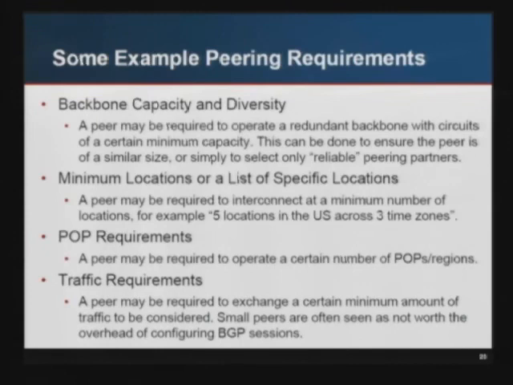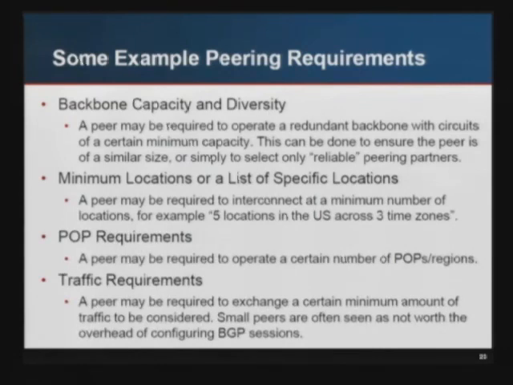They don't have enough capacity to deliver the traffic. They don't have redundancy. They can't survive a fiber cut. They can't survive a power outage. At a certain point, it doesn't make sense, and you're actually decreasing the quality of your network by doing that. So people institute these simple requirements, backbone capacity, diversity, things like that.